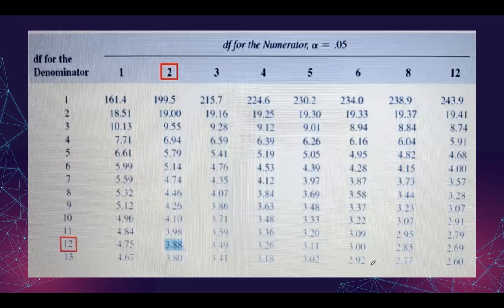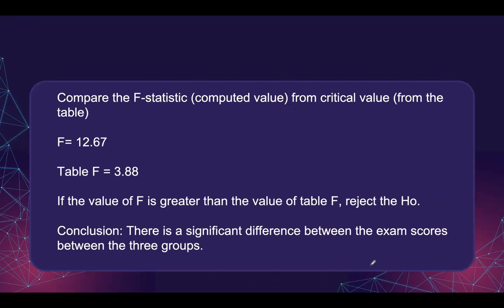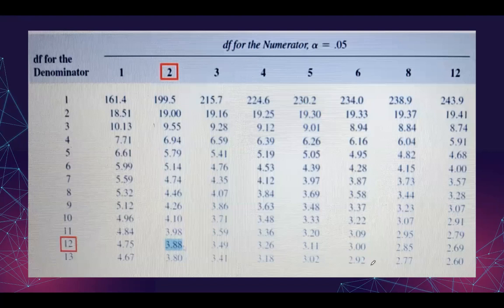So now, class, alamin naman natin yung critical value from the table. Ang computed F value natin is 12.67. Para malaman natin yung critical value in the table, take note yung sa taas, yung ating unang degree of freedom, between the groups.